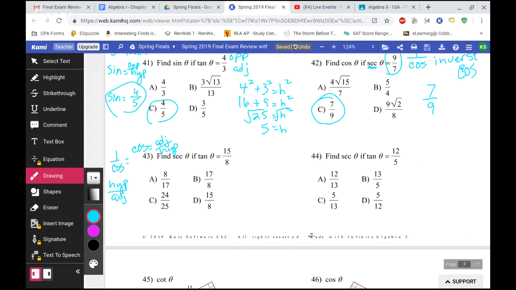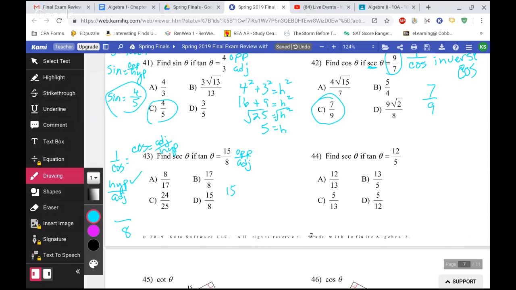So that's what we're looking for. Here in tangent, we know that to be opposite over adjacent. So we have the denominator as 8. So you would be looking for the hypotenuse value.